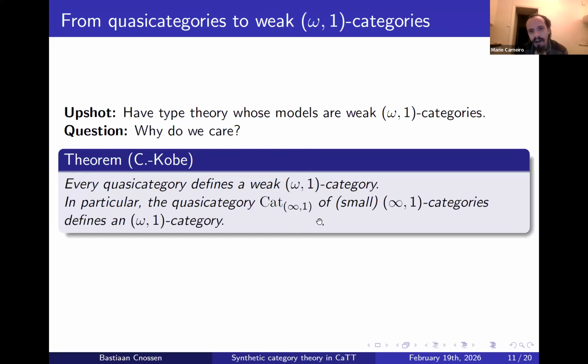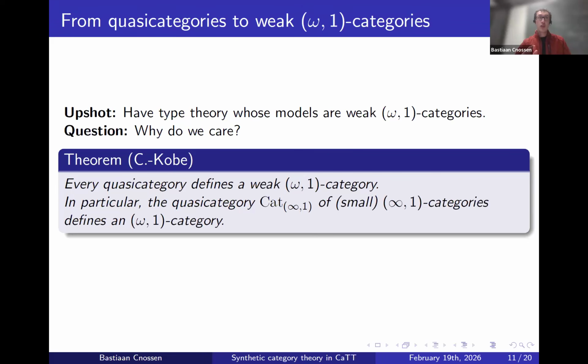Excuse me. What's the difference between a weak omega-1 category and just a regular omega-1 category? I don't know what a regular omega-1 category is, but the important thing is that there's no strictness whatsoever in composition. You're never allowed to say, for example, H composed with G composed with F is equal to H composed with G composed with F with the other bracketing, or that composing with the identity is equal to just F itself.